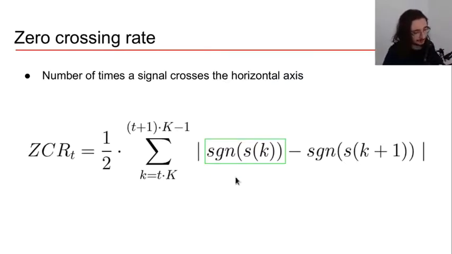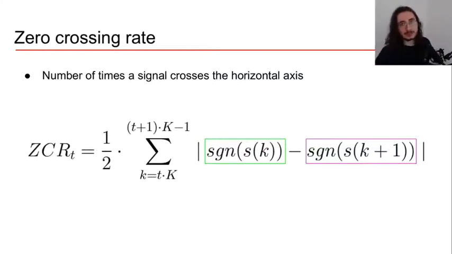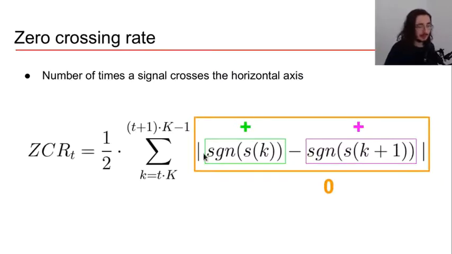Well, what we do is we take the sine for the amplitude at sample k, and then we subtract from that the sine for the amplitude at sample k+1. So we are basically comparing the two consecutive samples here. Now, the cool thing about this is that if both amplitude values have the same sign, so if they're both plus or minus, we get just 0 out of this.